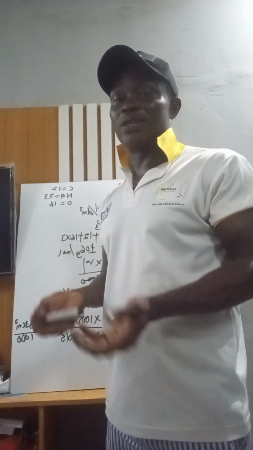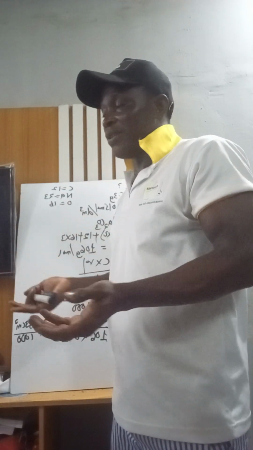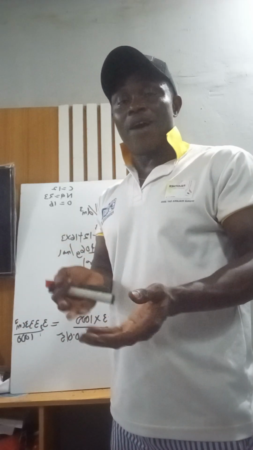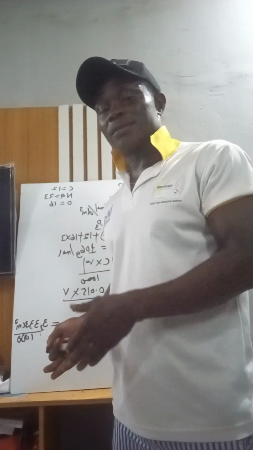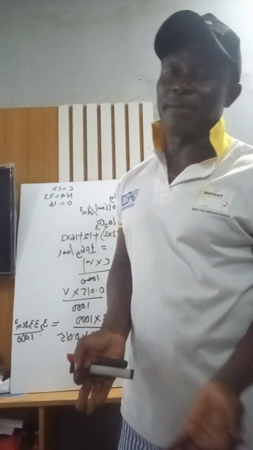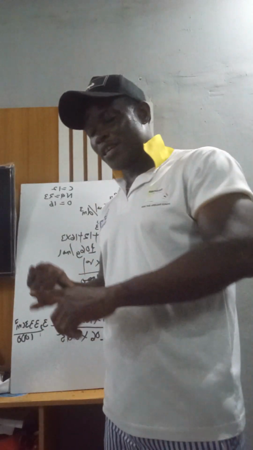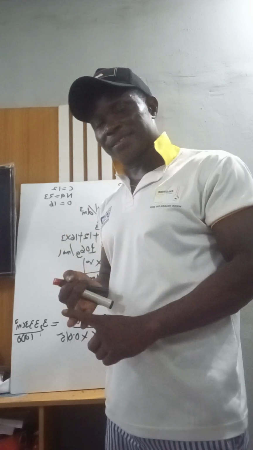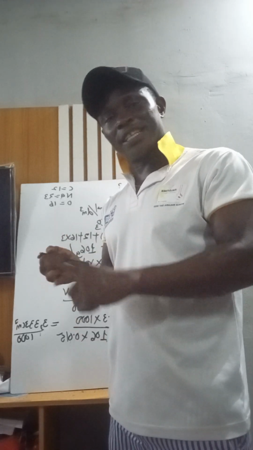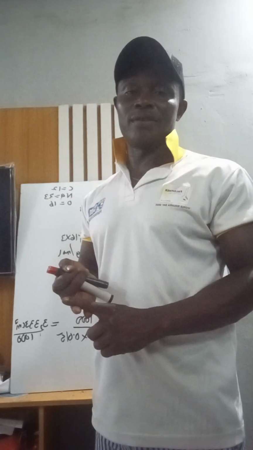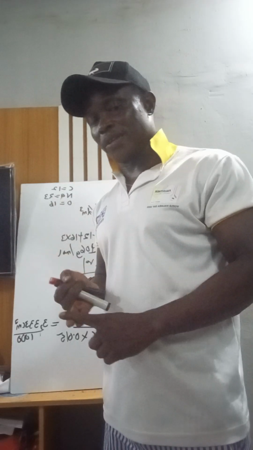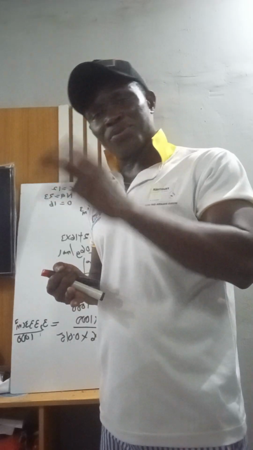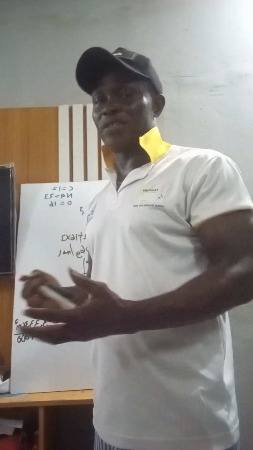Anybody you see on earth must have acquired what the person got. It depends on how you use your time. As a science student, use your time to practice. What you don't practice regularly, you don't expect it to stick to your brain. So we encourage our students to always practice these questions.